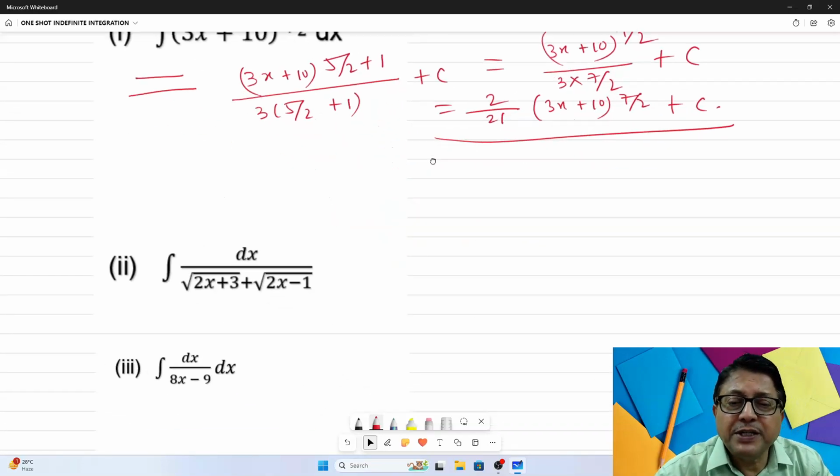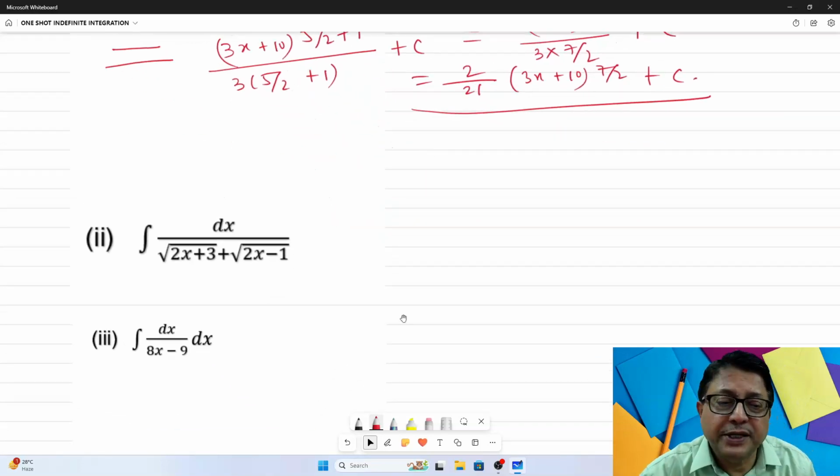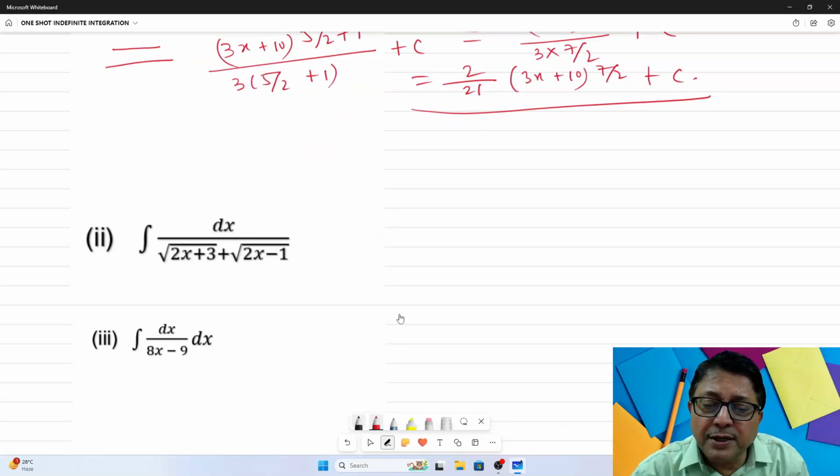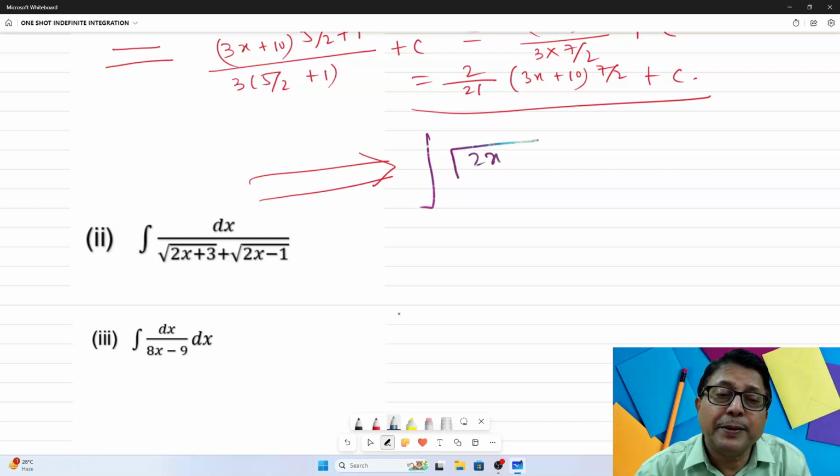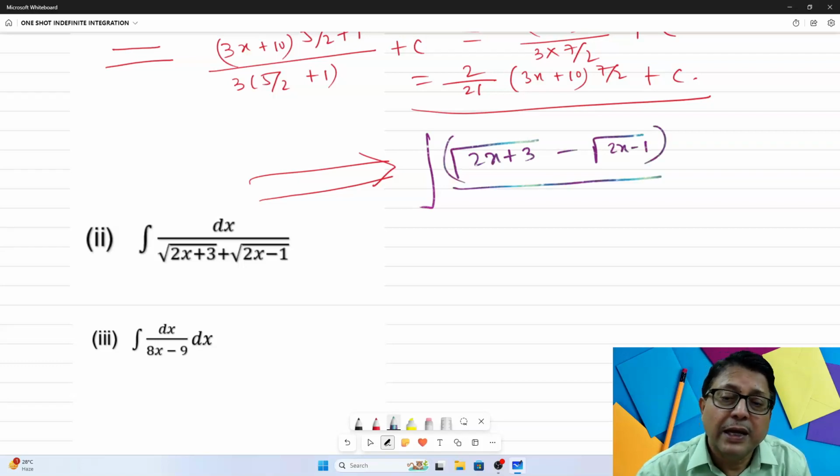So the direct application of formula is possible here. How to proceed with this sum? This one, we need to rationalize. You multiply numerator and denominator by root of 2x plus 3 minus root of 2x minus 1, and here it will be 2x plus 3.